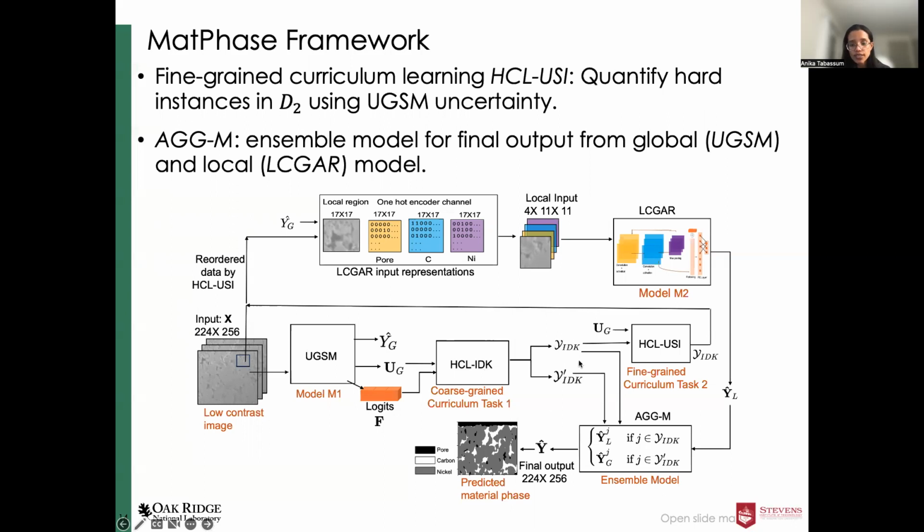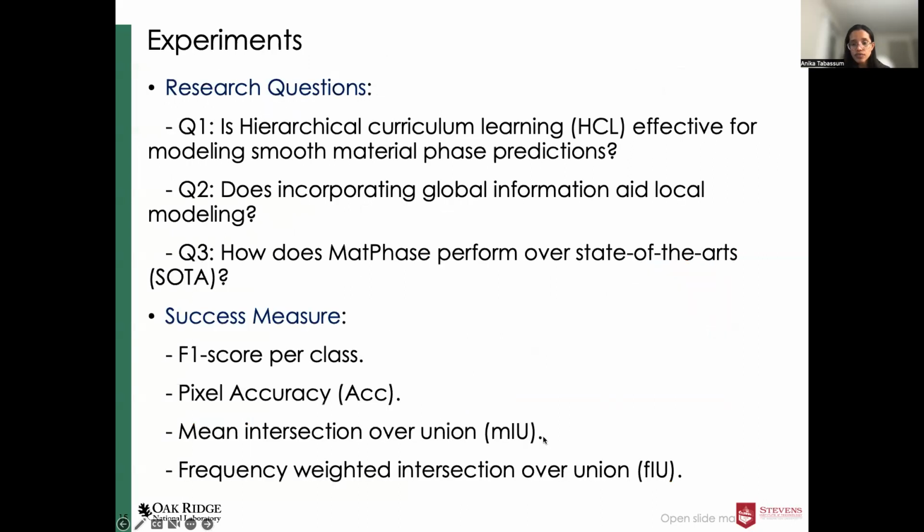The IDK pixels then are passed through a fine-grained curriculum strategy, which orders each of them again from easy to hard based on the uncertainty maps. This order is used to train the local model based on the input representations. And finally, the aggregator model selects the final predicted class obtained by the global or a local model.